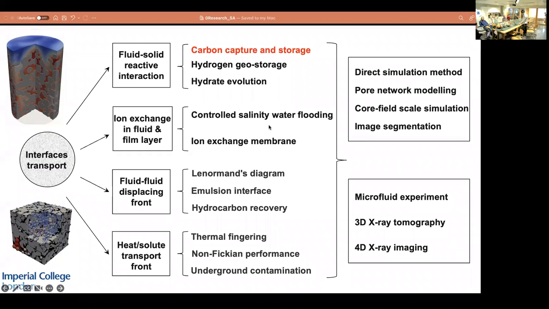So for the applications, they are this list, and also some pure scientific problems. For the method, I used both numerical and the experimental one. This block is an experimental method I used, and there's a numerical one. So the project I'm focusing on is CO2 storage and the radio works.